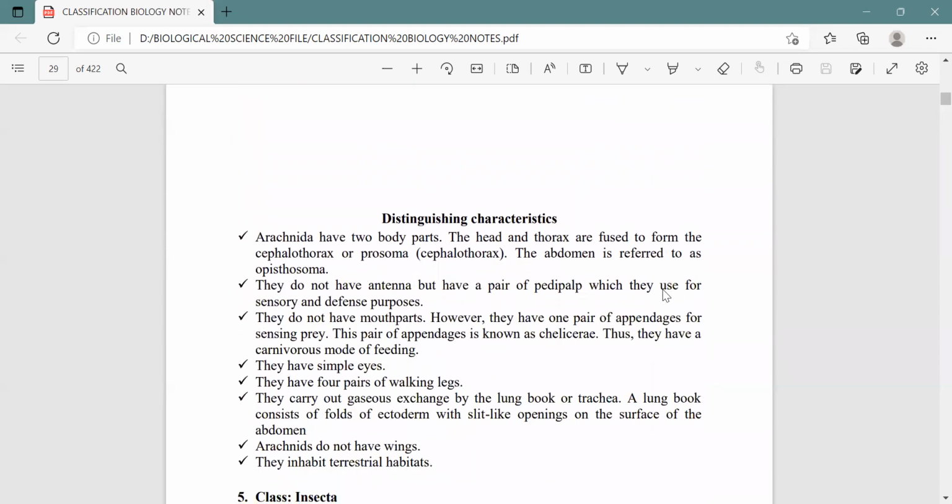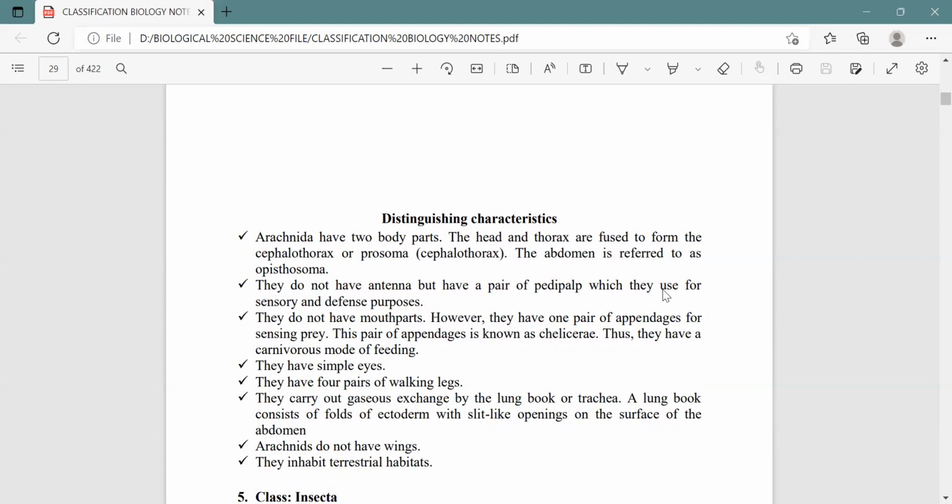So please go through these characteristics, these features which are observable on arachnids, and get a comparison. For example, how could you compare these features of arachnids with those of class Insecta?